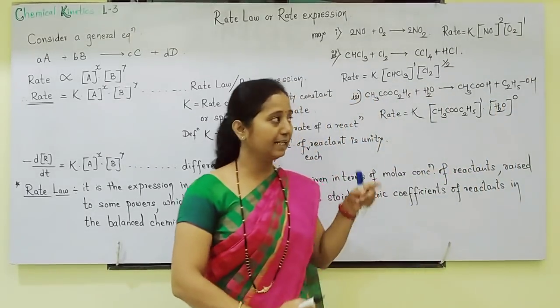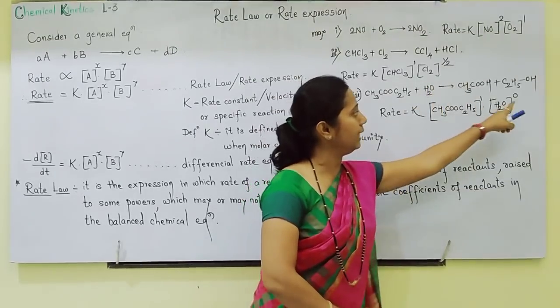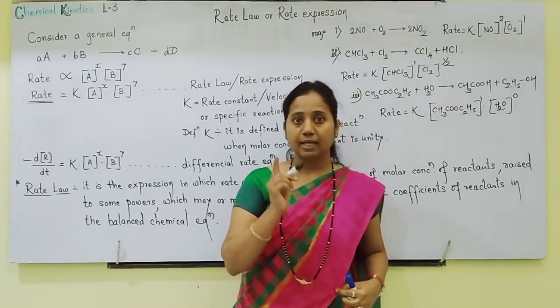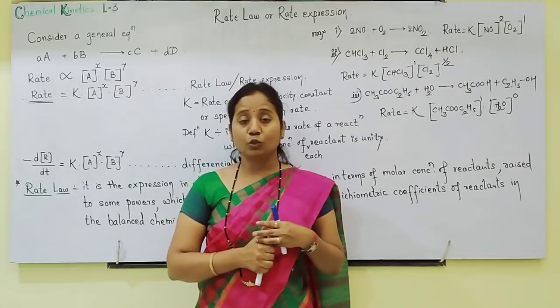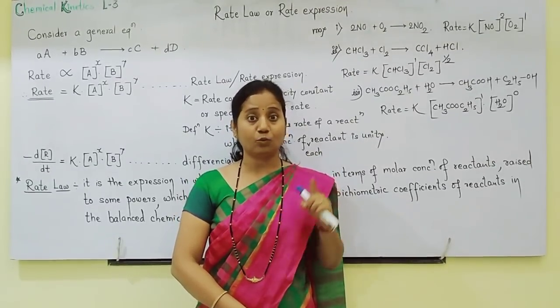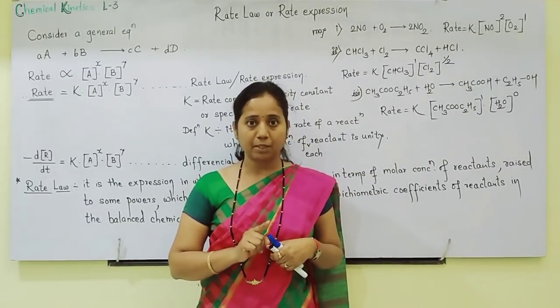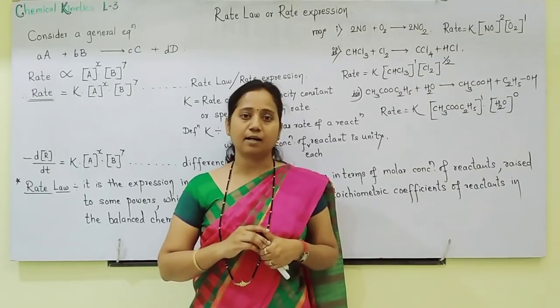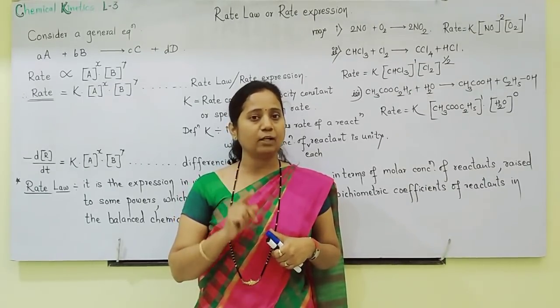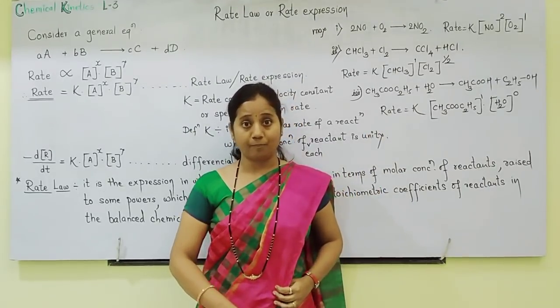Now here 1 I have written, but for water, which is 1, it became 0 here. How? By experiment. So you cannot write rate according to rate law merely by looking at the balanced chemical equation. The experiment must be performed, looking towards data. After the experiment, then only you can write down the rate of a reaction by rate law.